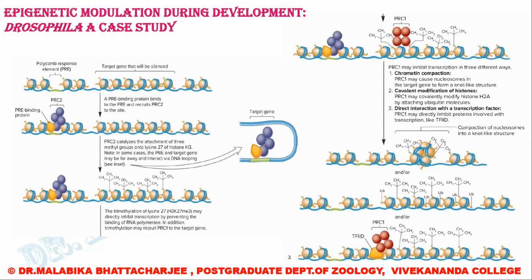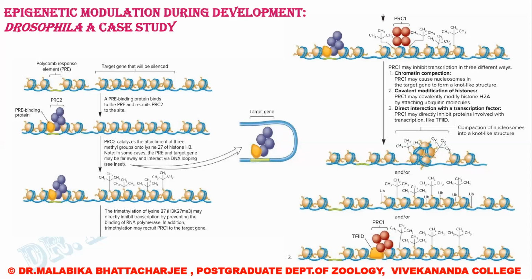The names trithorax and polycomb refer to altered body parts associated with mutations in the genes that encode the trithorax and the polycomb proteins respectively.